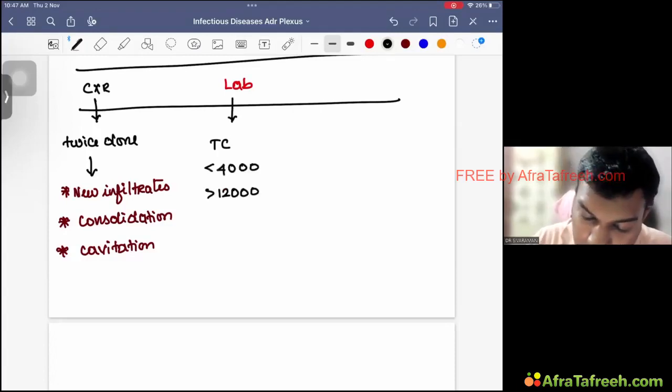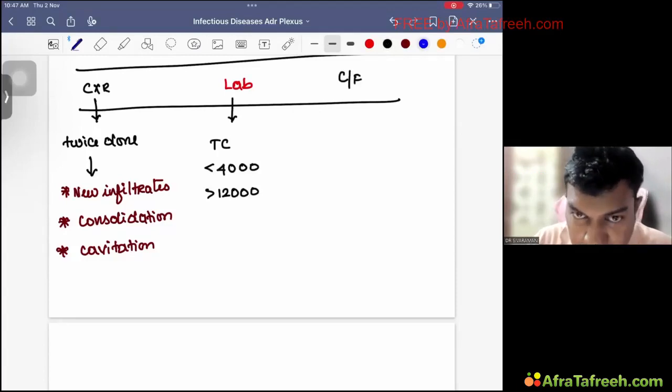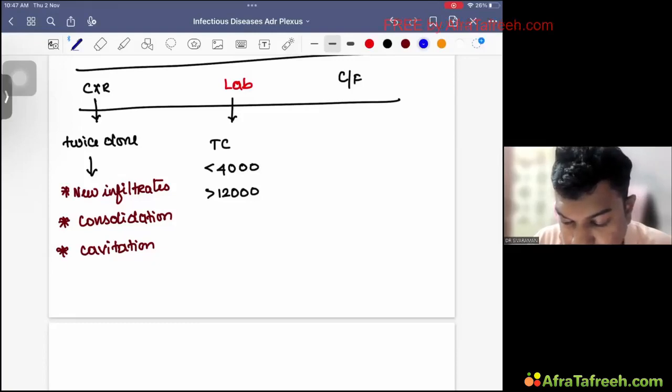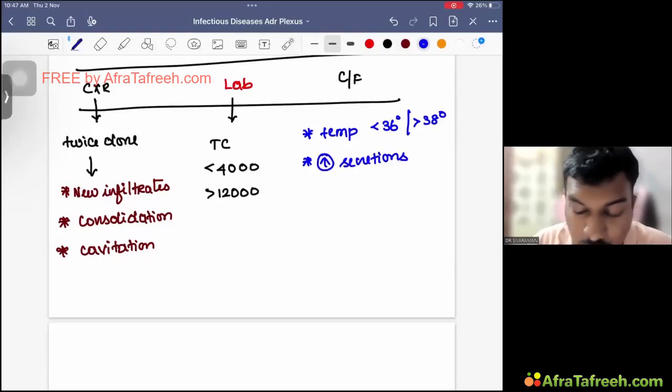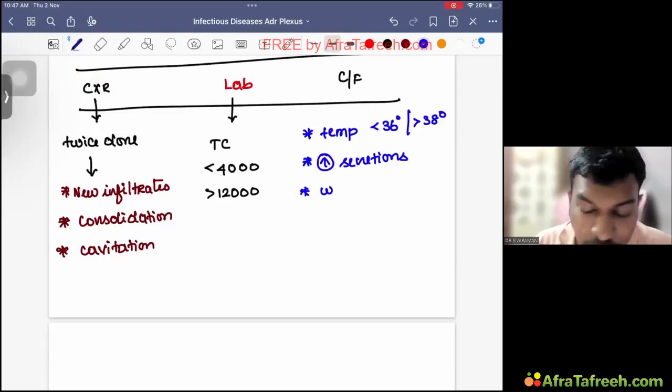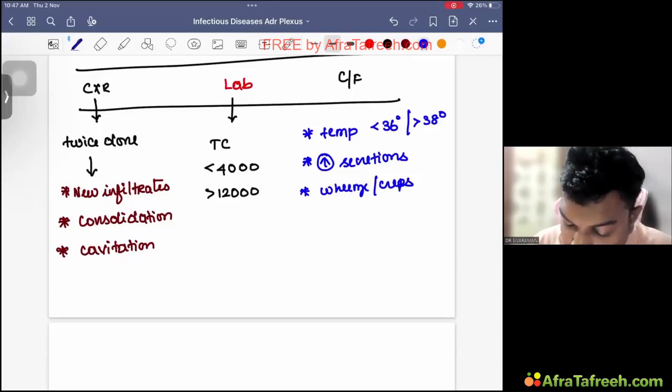Next is clinical features. The patient has a temperature which is less than 36 degrees or more than 38 degrees. The patient has an increase in secretions. On auscultation, new onset wheeze or crepts. The patient has signs of respiratory distress.